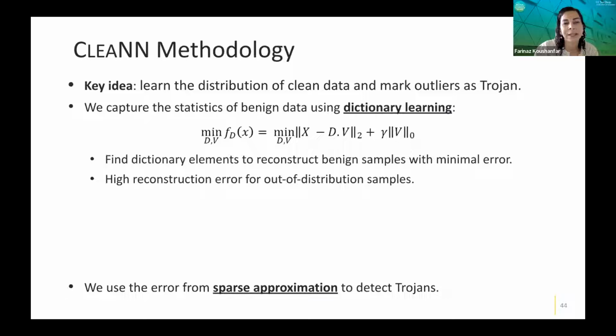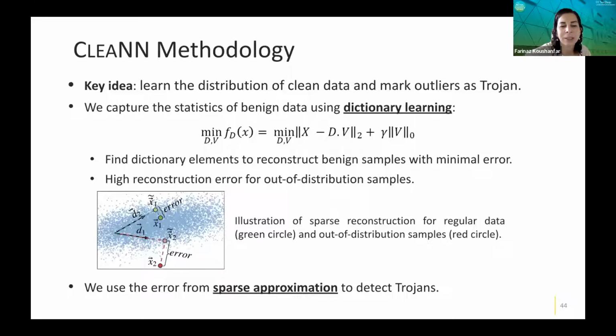The key idea here is that you try to learn the distribution of clean data and mark the outliers as the Trojan. For learning the distributions, we resorted to a much lower overhead model, which is based on dictionary learning, basically a regularized version of dictionary learning. It finds dictionary elements so we can reconstruct benign samples with minimal error. It has a high reconstruction error for out of distribution samples.